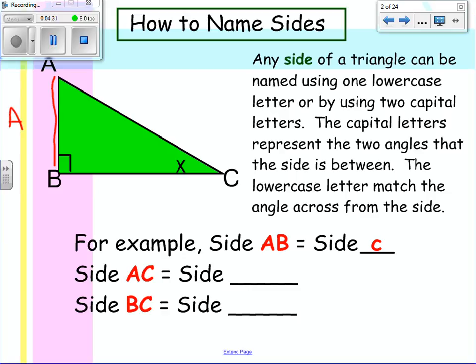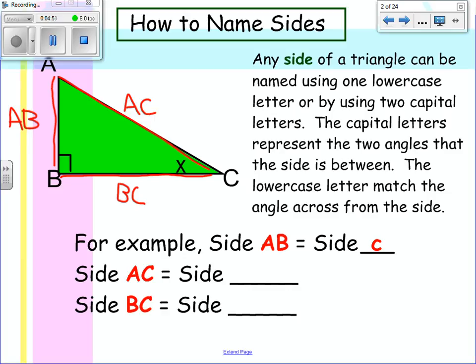Side AB. This bottom one would be side BC. And this one would be side AC. So you can describe it as going from corner to corner.